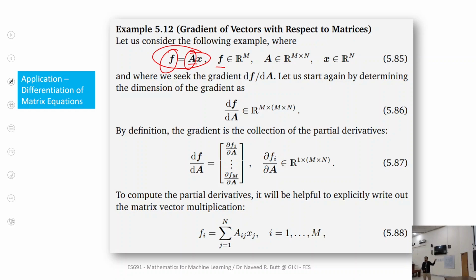Again, the function formulas that I showed, plus often we try to identify the elements in the matrix, which element are we talking about? So here we see that df by dA can be seen as partial of f1 with A up to partial of fm with A. We will split it first, right?